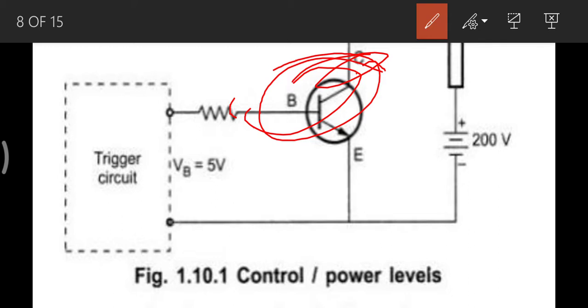We use the triggering circuit to turn on or turn off the MOSFETs or IGBTs. If any fault occurs on the device side, that may damage the triggering circuits. That's why we have to isolate the triggering circuit.